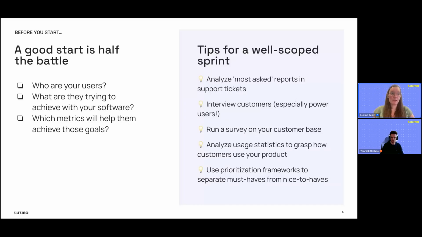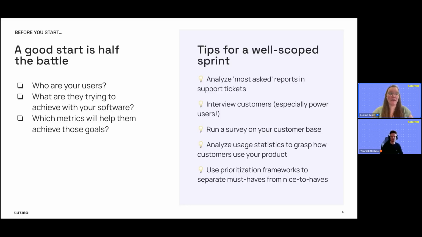You could also analyze usage statistics, see which features, which tabs, which functionalities of your platform users are using the most, and then based off of that, decide on what type of dashboards you'll need to include insights that have to do with these specific aspects of your product. And then finally, after doing any or all of these, you might end up with a very long list of metrics still.